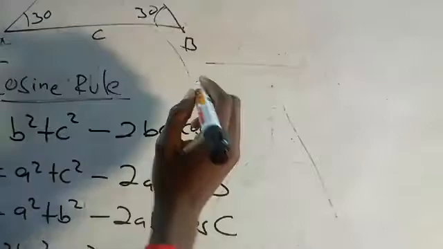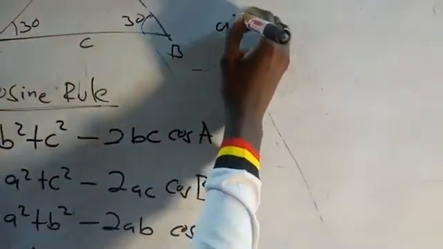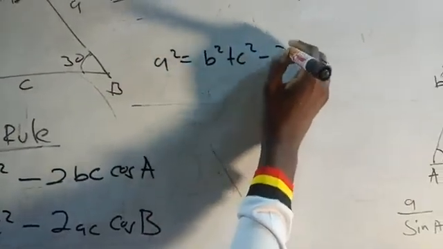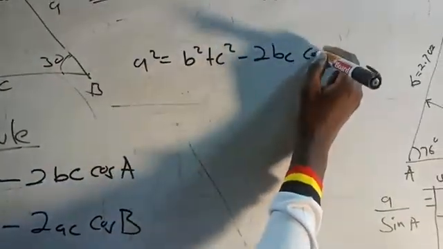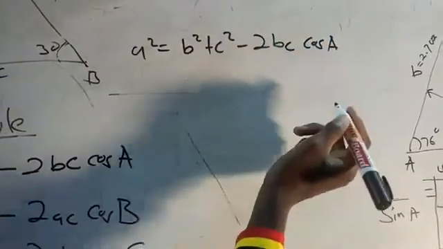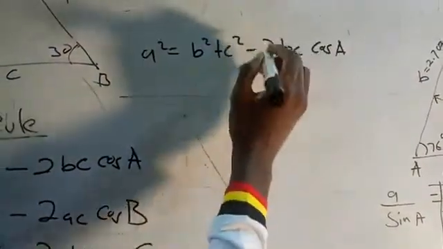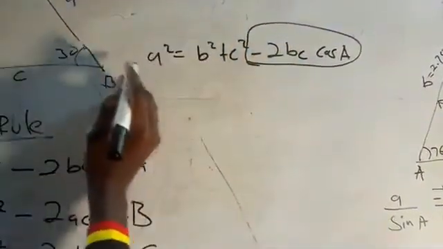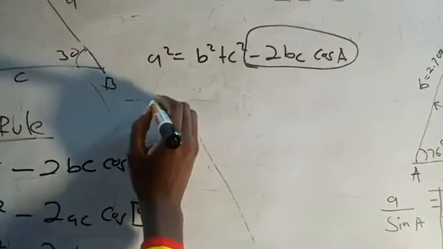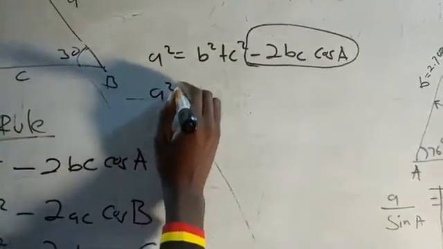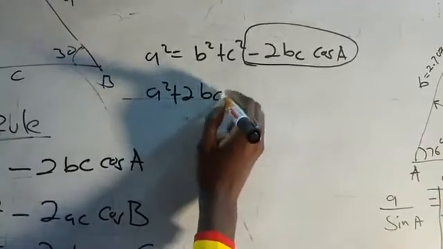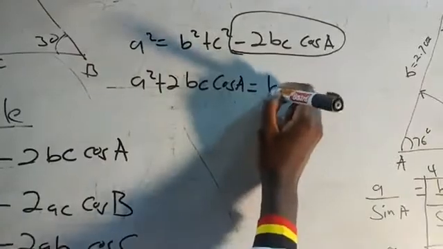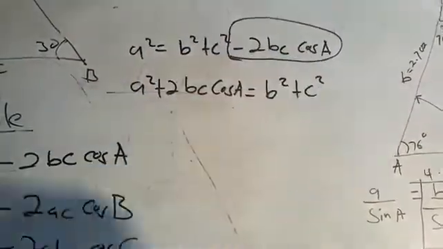It will be like this: a squared equals b squared plus c squared minus 2bc cos A. So we take the whole of this term to this side, becoming a squared plus 2bc cos A equals b squared plus c squared.